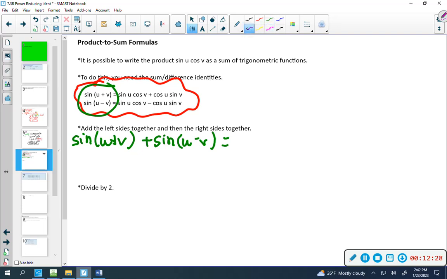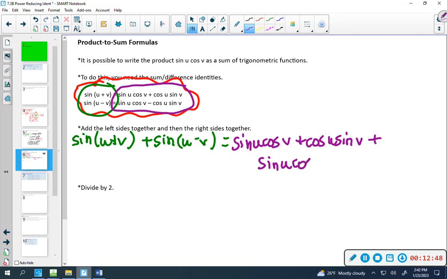Okay, all right, well, my right sides are all of that shenanigans. Really excited about adding that up. So sine u cos v plus cos u sine v. Now I'm doing the bottom ones. I'm going to run out of room. I can already feel it. I'm going to stand underneath. Sine u cos v minus cos u sine v.